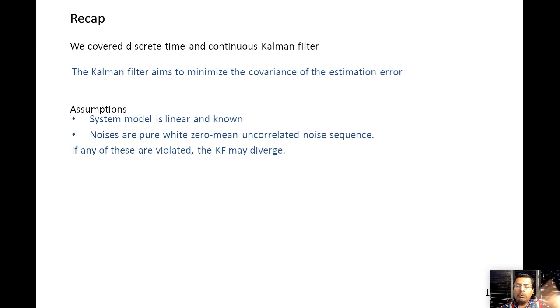If your controller is based on your estimate, it thinks it's doing a pretty good job, but in reality the system might be going haywire and might eventually blow up in the worst case scenario. So that's the disadvantage. We need to make sure that the Kalman filter and all of our estimates do not diverge.